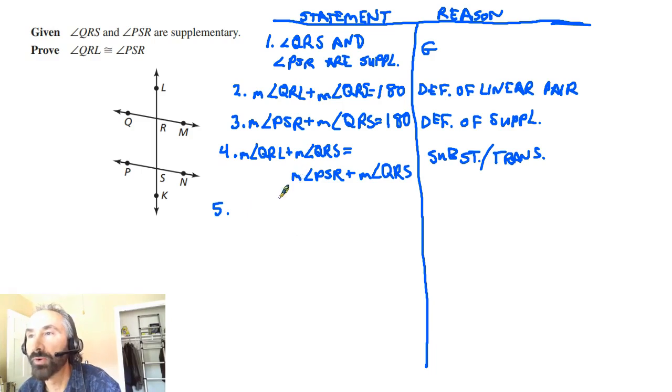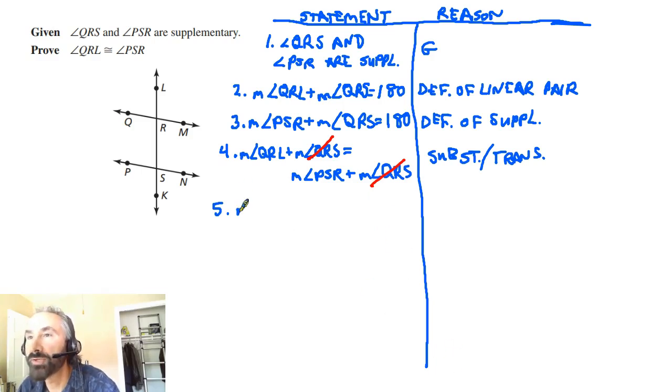Anyways, here we go. What I'm going to say is this. Notice that on both sides of the equal sign I have measure of angle QRS. And I want to point out that measure of angle QRS is simply a number. So it turns out we can do math with numbers. In this case, if I subtract this guy and this guy, I would end up with measure of angle QRL equals measure of angle PSR. So let's try.